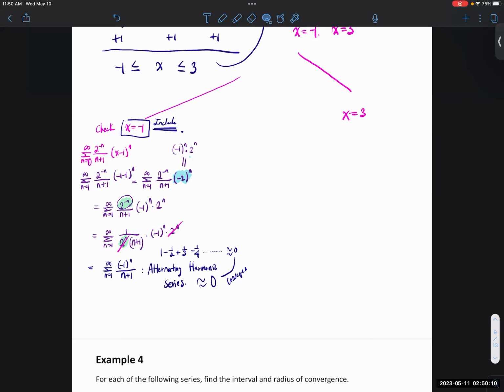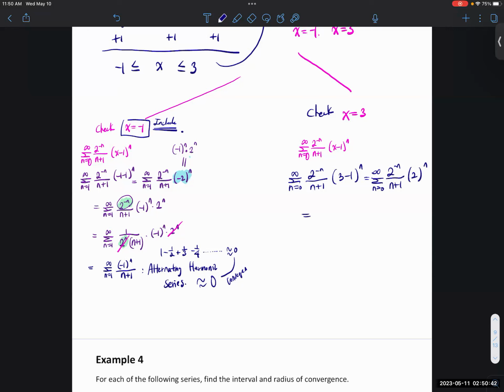But let's check when x equals 3. Same thing, we copy the function. Let me plug in x equals 3: 2 to the negative n over n plus 1, times 3 minus 1 to the n. So it is going to be 2 to the negative n over n plus 1, times 2 to the n.